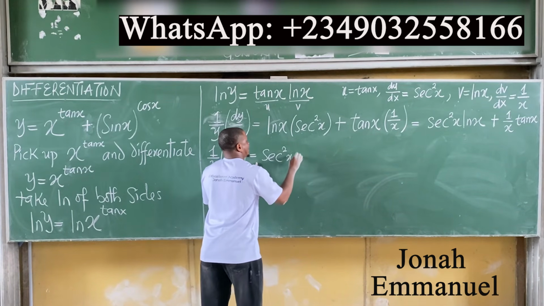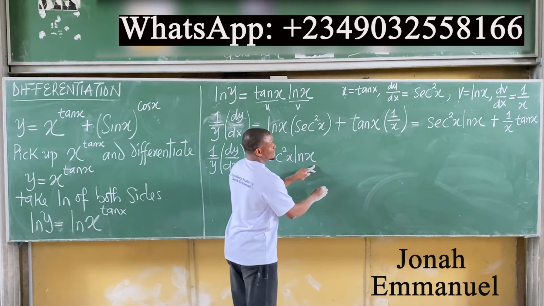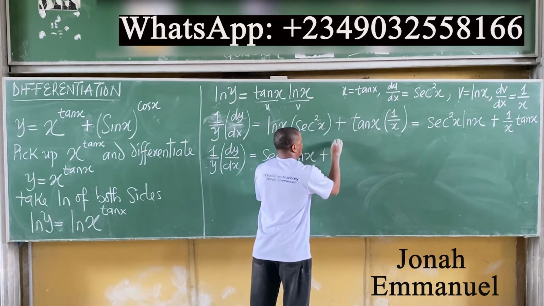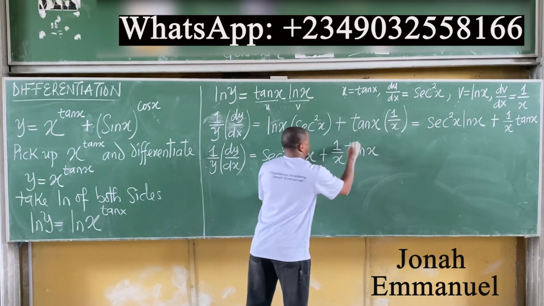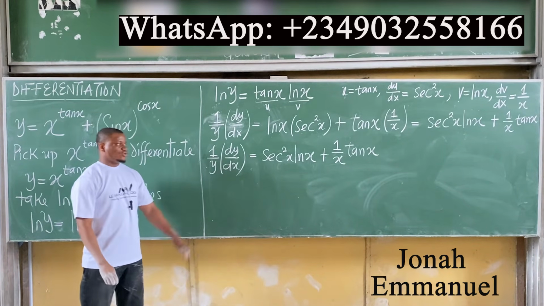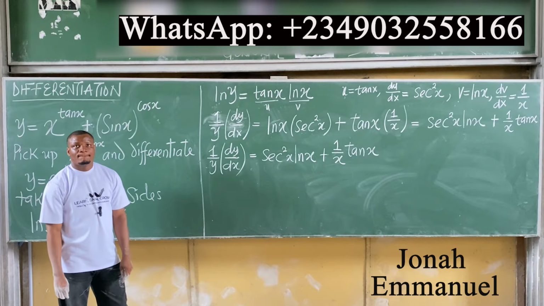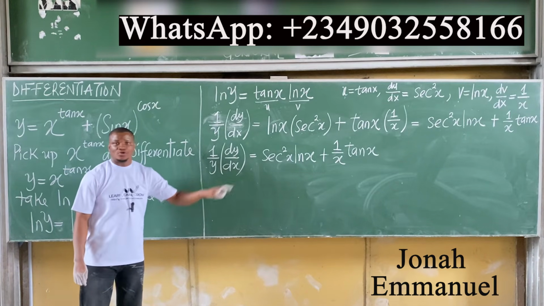Sec squared x ln x plus 1 over x tan x. Please, how do you simplify this? What do you do?